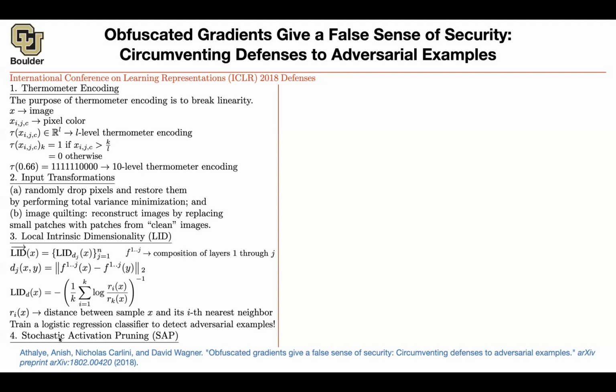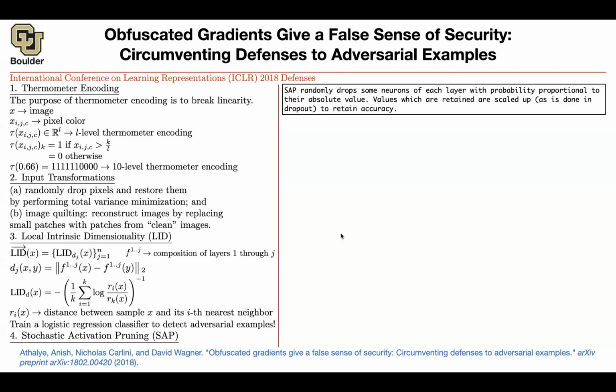Another idea is to have a stochastic activation pruning. Introduce some stochasticity in your architecture. For instance, you can randomly drop some neurons of each layer with probability proportional to their absolute value. If a neuron is really active, you use that to come up with the probability that you're going to drop that neuron. So it's similar to dropout. And whatever neurons are left, they have to compensate for the ones that are absent.